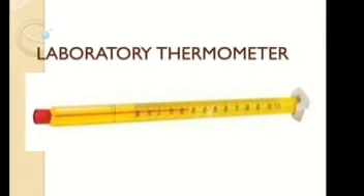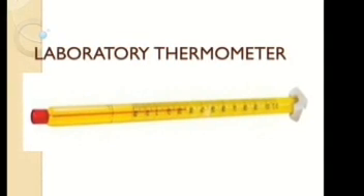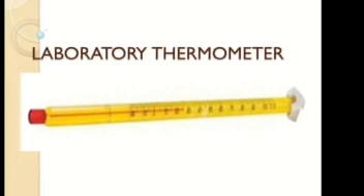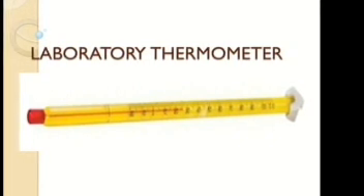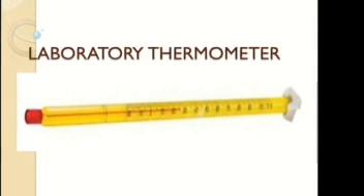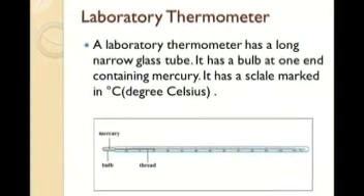So, to measure the temperature of other substances, we use a laboratory thermometer. Its temperature range is from minus 10 degrees Celsius to 110 degrees Celsius. It can be used to measure a variety of substances. Let us see how it works.